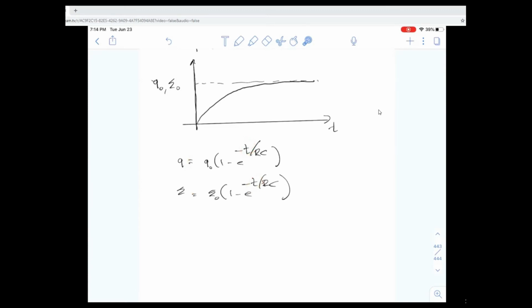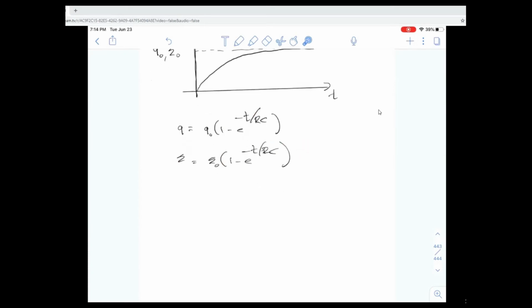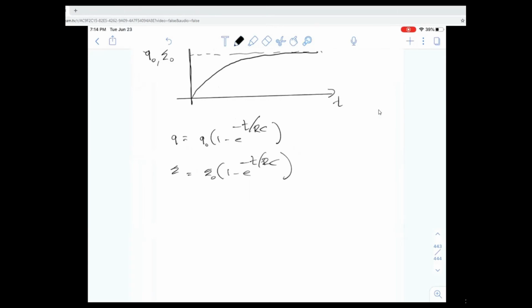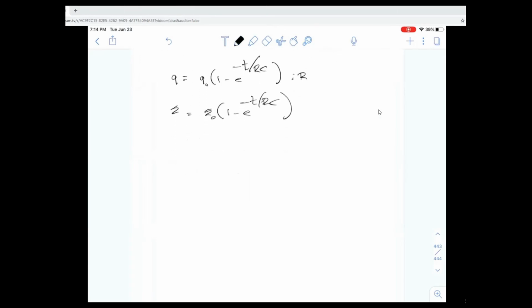Sometimes they will give you the time, the maximum charge, the charge at that point, and the capacitance, and then ask you to find the resistance. You end up getting these weird variations, so just solve for R.